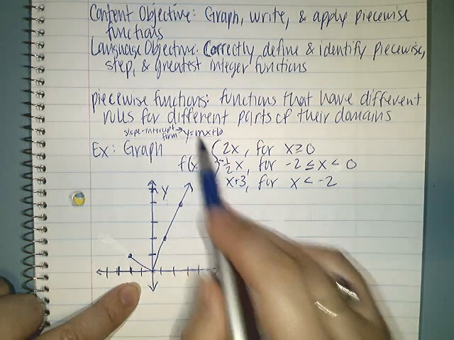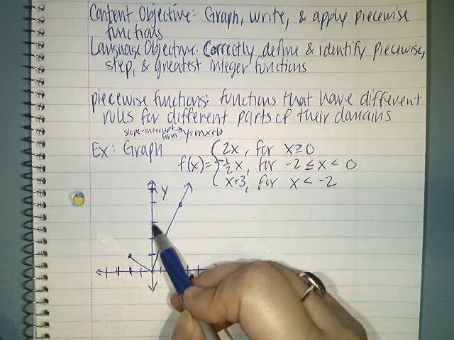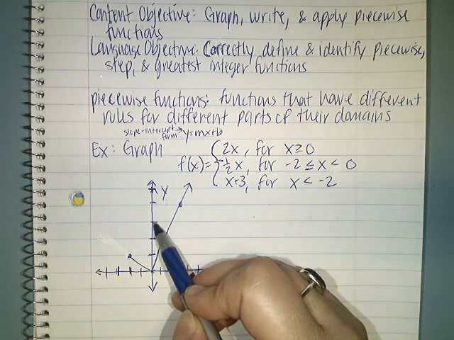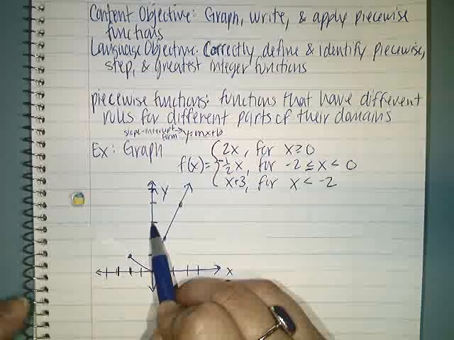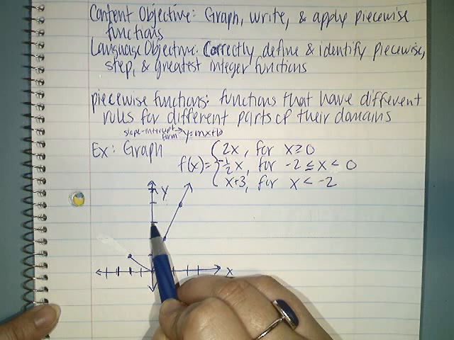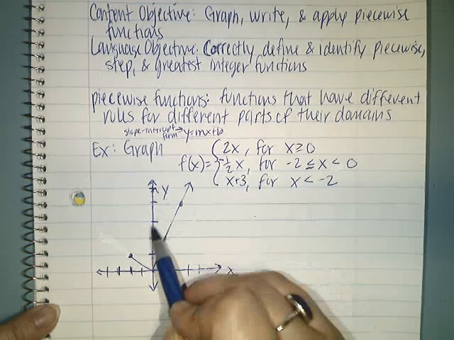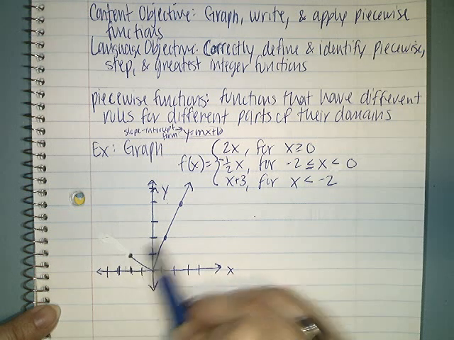Again, my slope here is 1, my y-intercept is 3. So I'm going to go up to 3 on my y-axis just to get a reference. I'm not going to draw a point there because my domain doesn't start until x is less than -2. So I'm going to follow my slope of 1, going down 1 over 1, down 1 over 1 until I get to -2.